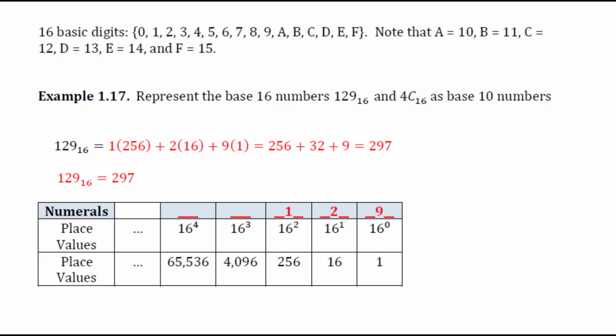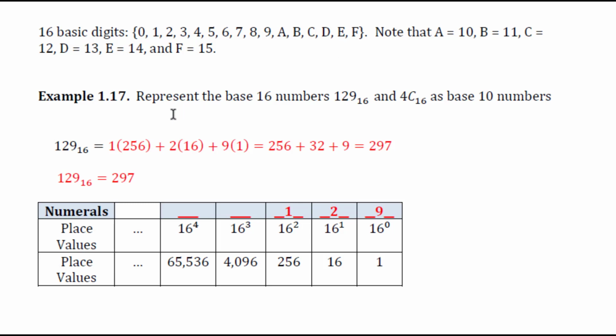Well, a base 16 system is going to require 15 numerals. So what they did, after 9, they used A to represent 10, B to represent 11, C is 12, 13, 14, and F is 15 in base 16.